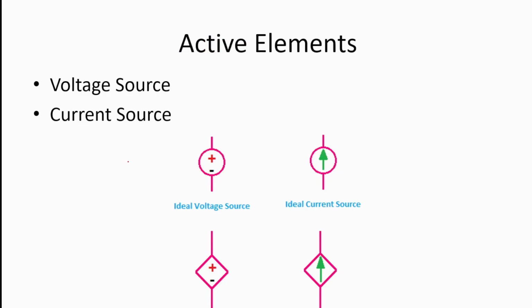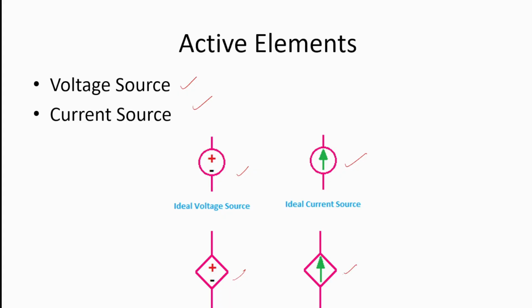Now coming to the active elements, we have different types of active elements which supply energy to the circuit. Those are the voltage source and the current source. This is the representation of the ideal voltage source, and this is the representation of the ideal current source. Now if it depends on any other element, current or voltage, then it can be represented as a controlled voltage source and a controlled current source.